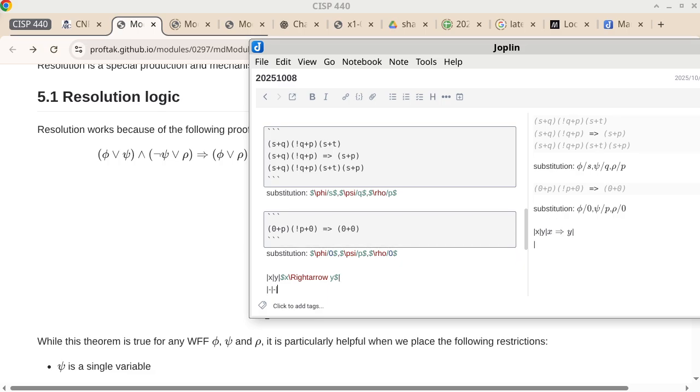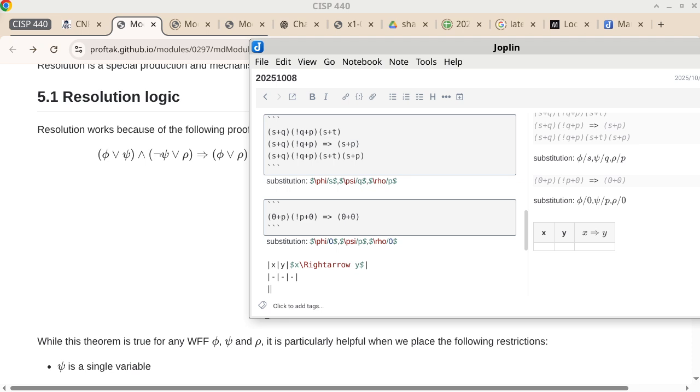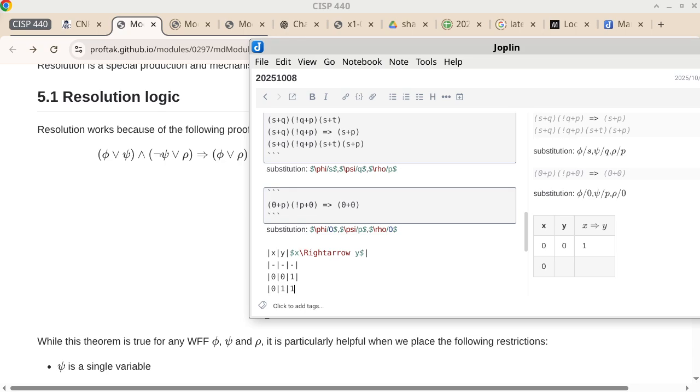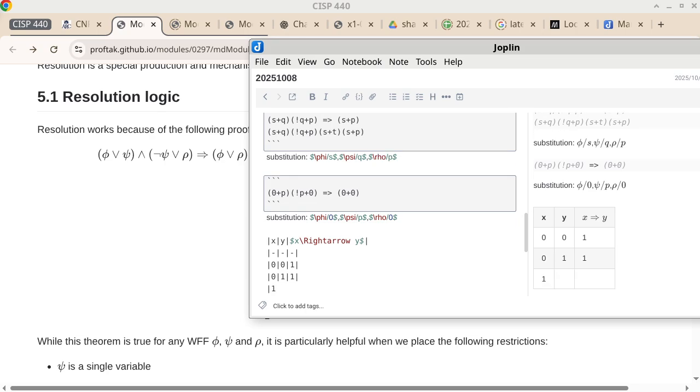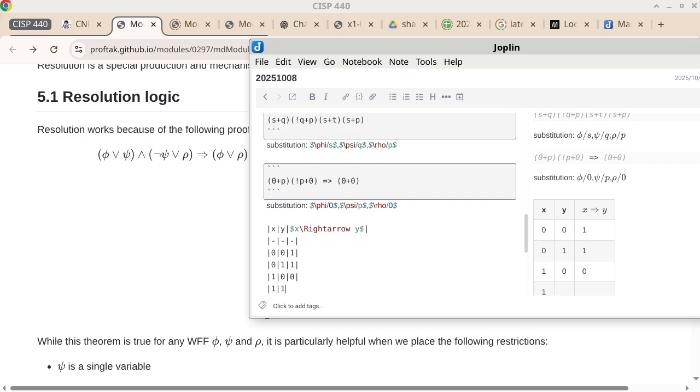There we go. All right. So now we have the truth table. 0, 0, true. 0, 1, true. 1, 0, false. That's the only time we have a false. And then we have 1, 1, true over here.